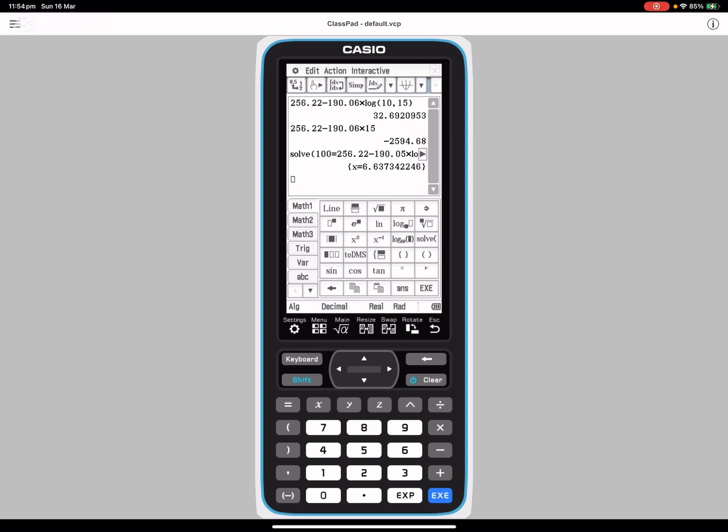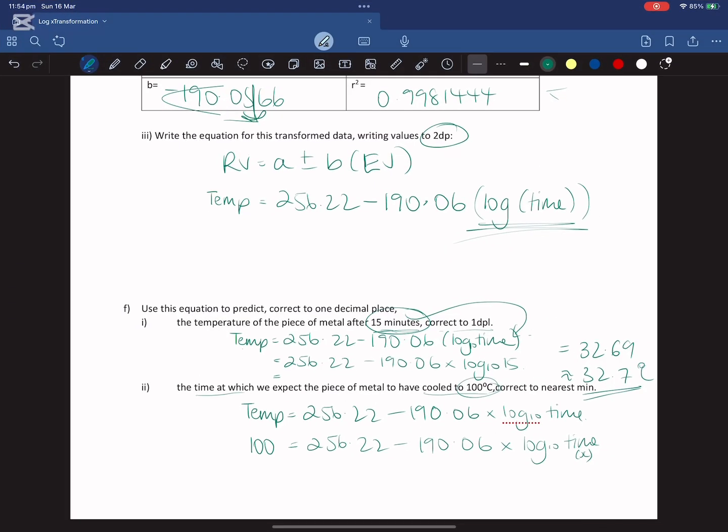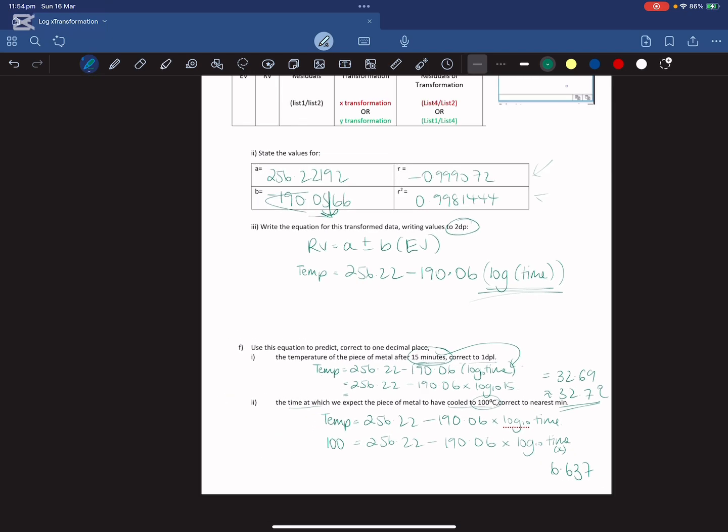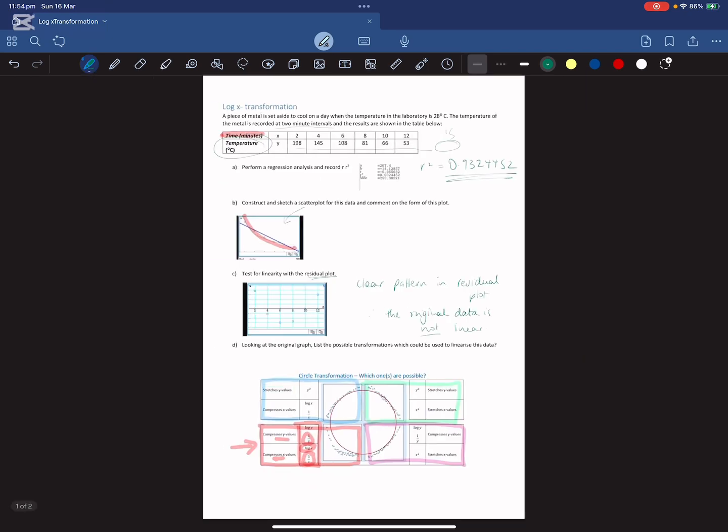So that is 6.637 minutes. If I go back to my original data, 100 is going to be a little bit lower there, around there, and what do you know?